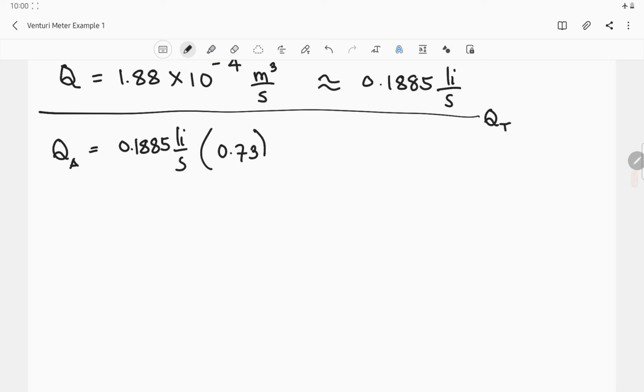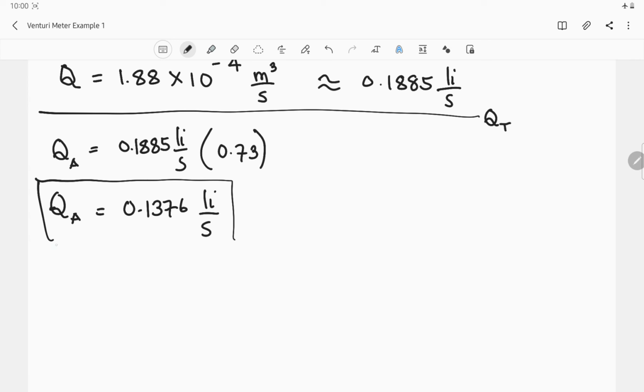By the way, the C coefficient has no unit, it is unitless. So the actual Q is 0.1376.